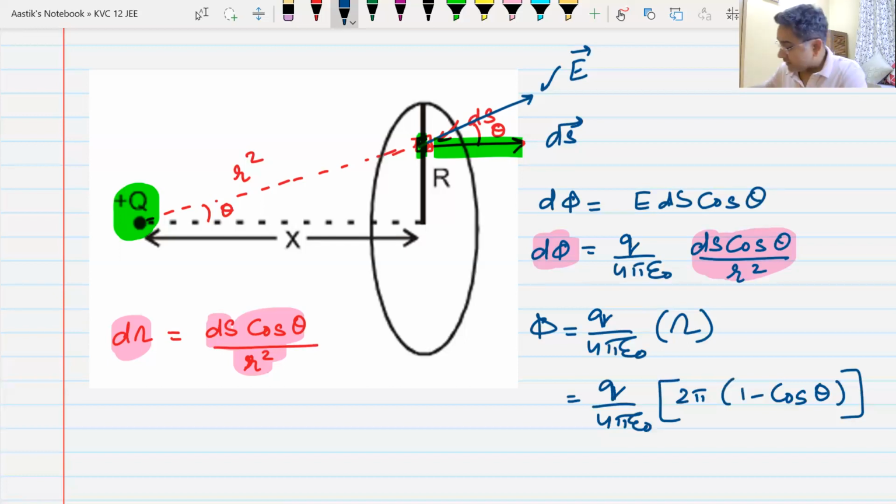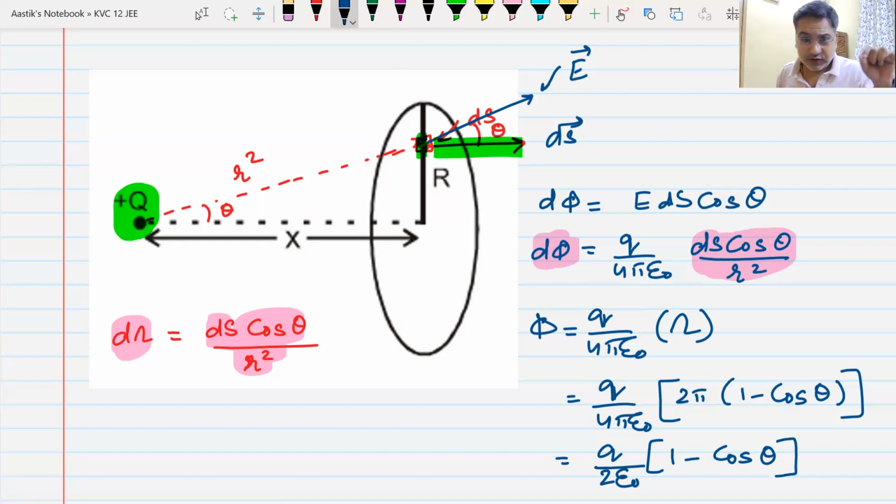Just put in the values. The flux will be q by 2 epsilon naught into (1 minus cos theta). That is the flux through that disk due to the point charge. Do you understand this? Yes, sir.